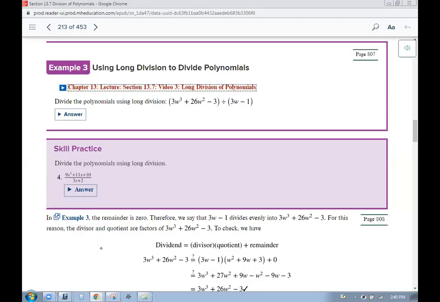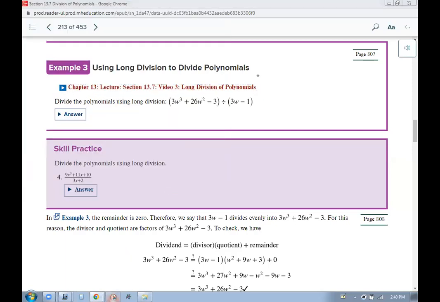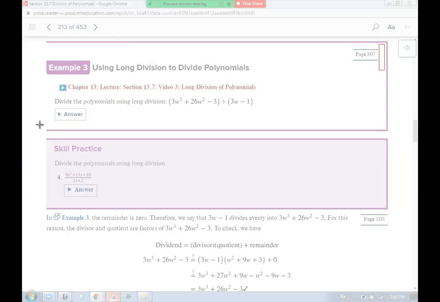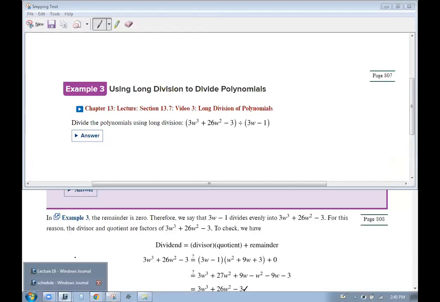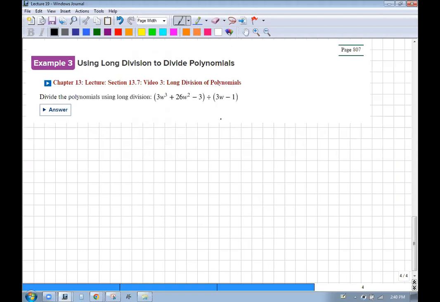All right, let's see. On page 807, we're dividing 3w minus 1 into 3w cubed plus 26w squared minus 3. So in order to get a 3w cubed, I need to multiply this thing by a w squared.